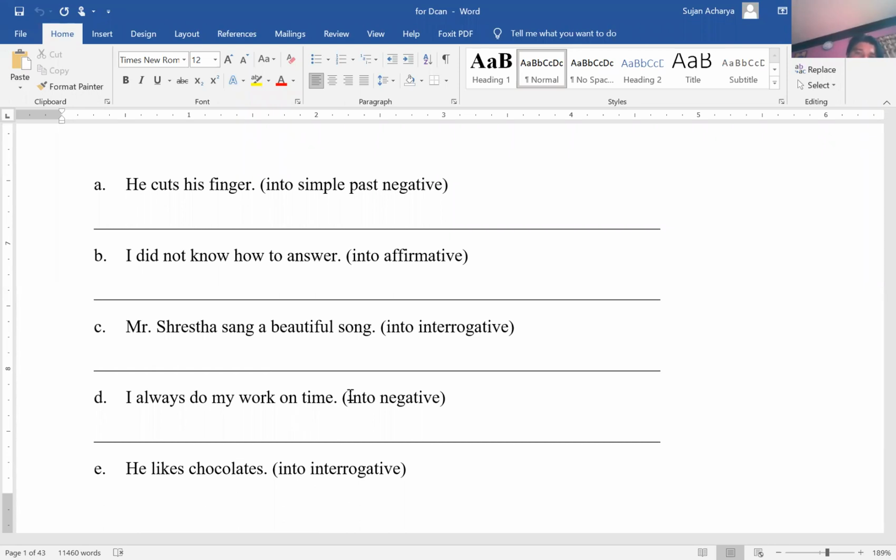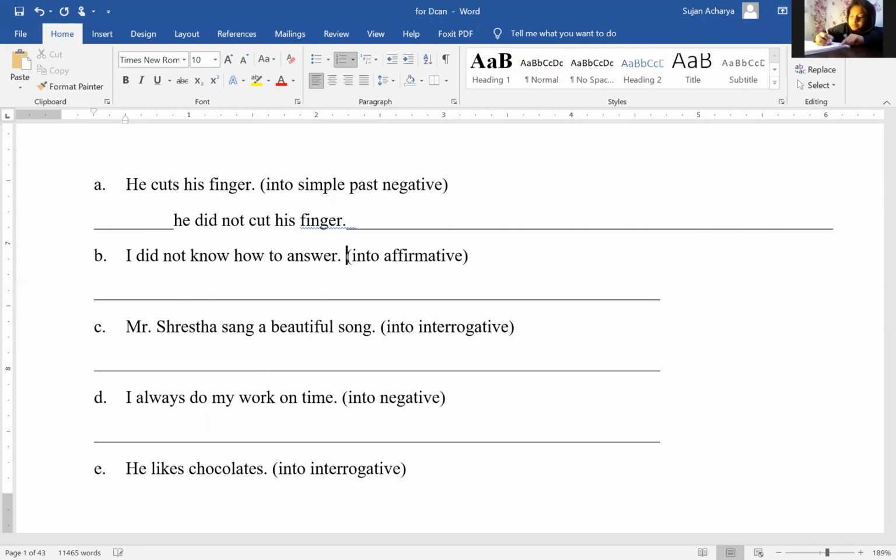He cut his finger, and now change it into negative. What's the answer? He didn't cut his finger. He did not cut his finger. Next one. No, I will not be writing the answer because I need the question again.